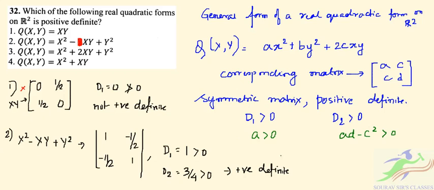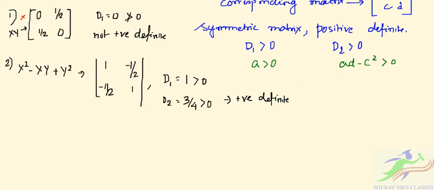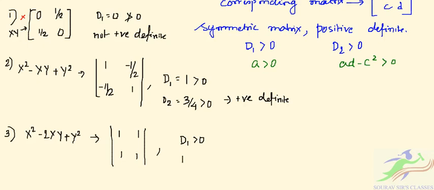So the option 2 is the right option. Let us check the remaining options 3 and 4. Option 3 is x square minus 2xy plus y square. The corresponding matrix representation will be (1, minus 1; minus 1, 1). Here d1 is greater than 0, but d2 is 0, so it is not positive definite. Option 3 is also incorrect.